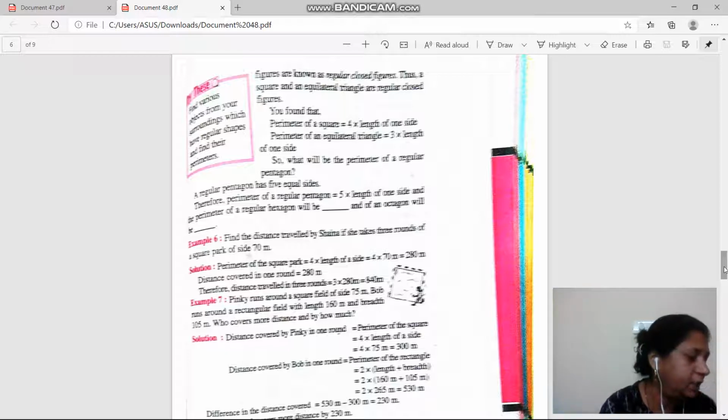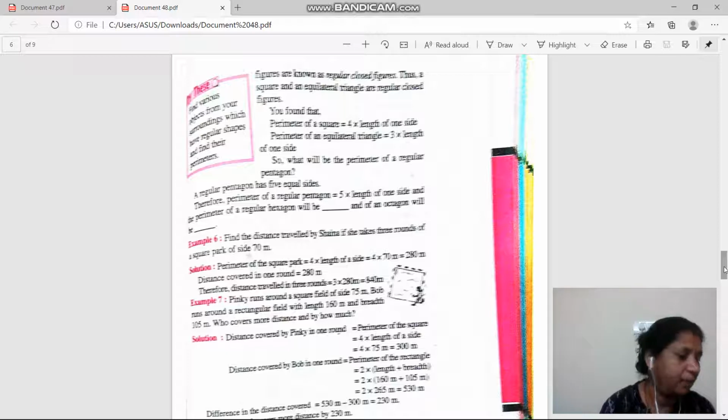Okay. Now, see the 7th example. Pinky runs around a square field of side 75 meter. Bob runs around a rectangular field with length 160 and breadth 105 meter. Who covers more distance and by how much? Now see here, the distance covered by Pinky in one round is equal to the perimeter of a square.